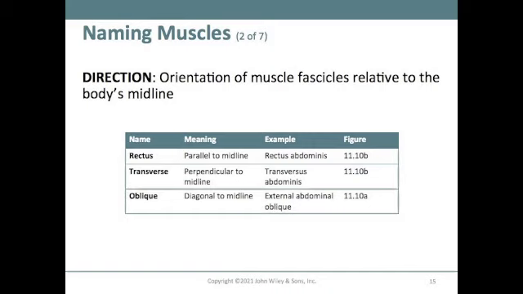And then, of course, we'll see several slides down the road, the pectoral girdle here, how do the muscles of the appendicular skeleton connect to the muscles of the axial skeleton? You see there the direction that may lead to the name, so very important stuff to learn.